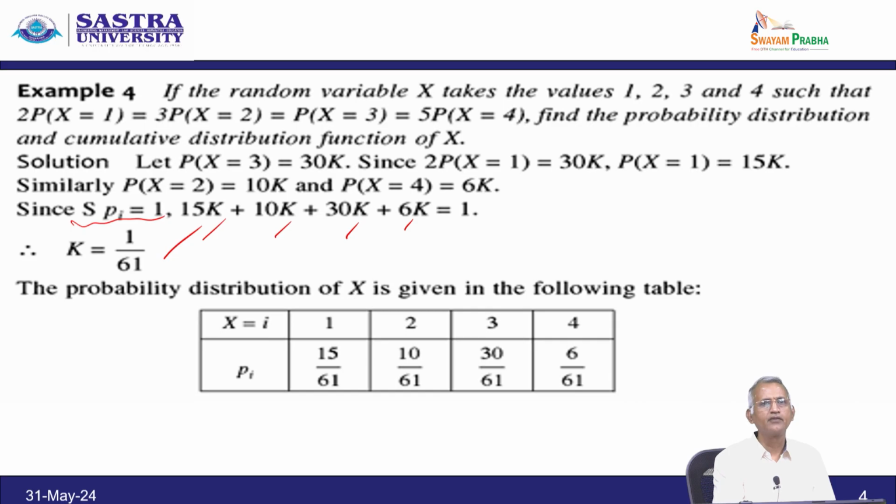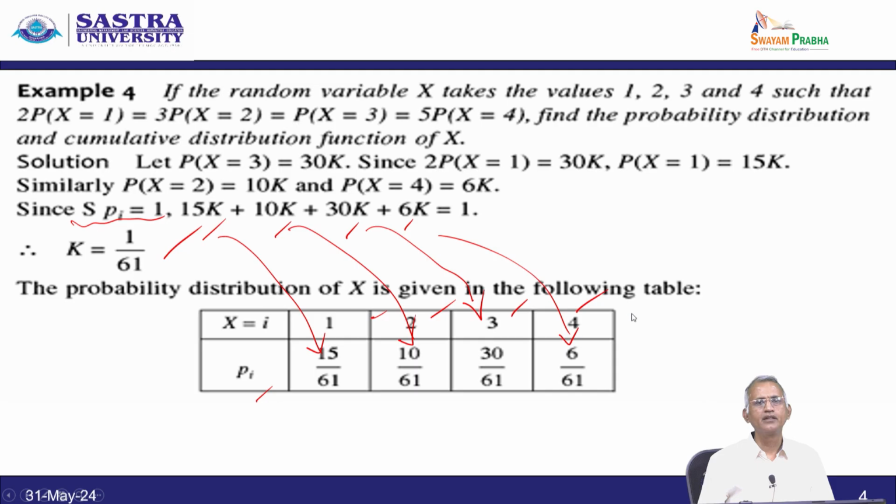In this way we can find the probability distribution of X, given by the following table, where i equals 1, 2, 3, 4 and the corresponding probability pi is k equals 1 by 61. Substituting k equals 1 by 61, we get 15 by 61, 10 by 61, 30 by 61 and 6 by 61. This way we can find the table of the probability distribution.